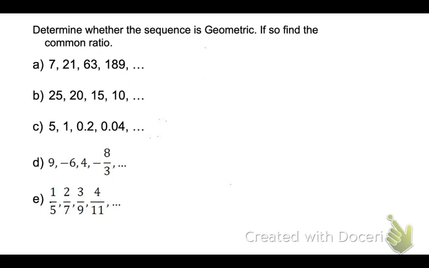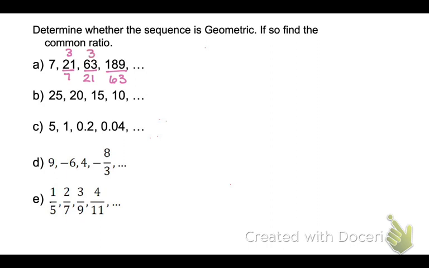Okay, so determine whether these are geometric. So how we're going to do it, again, is take the second divided by the first, the third divided by the second, and so on. Okay, so 21 over 7 is what? 3. 63 over 21. 3.